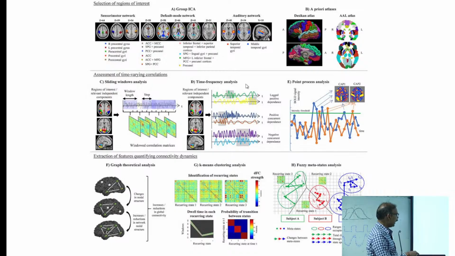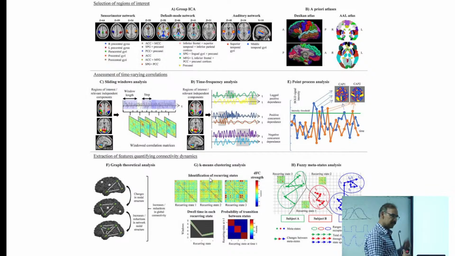From that, we can look at the profile, and we can generate maps like this, from which we can say this is connected to this, while in this case they are connected like this.